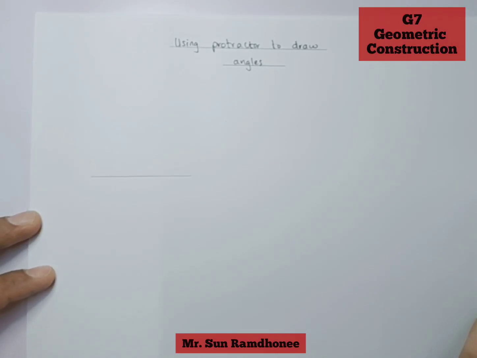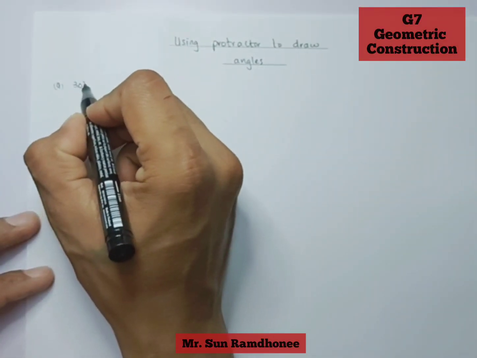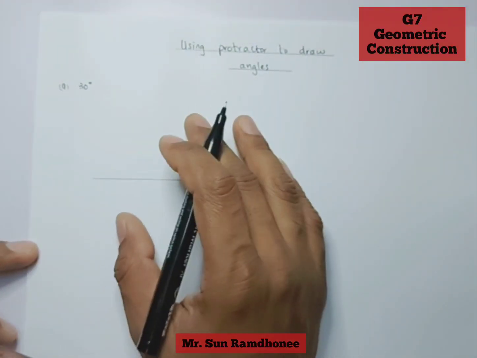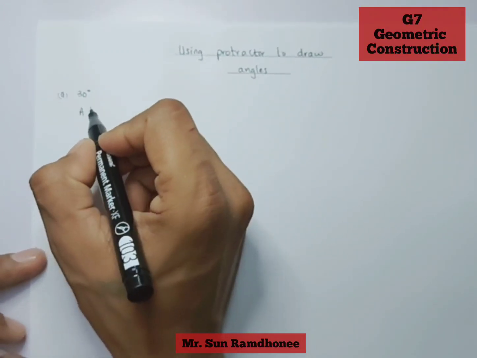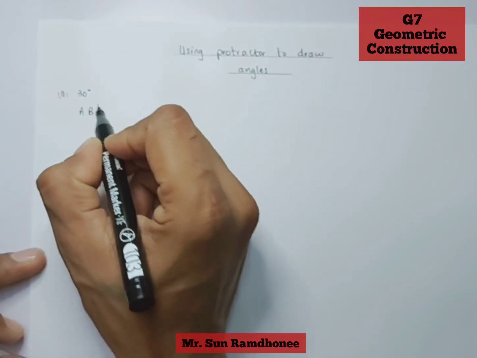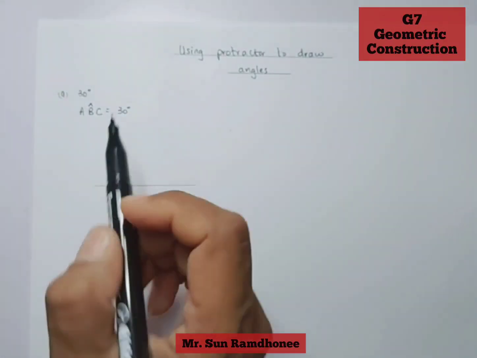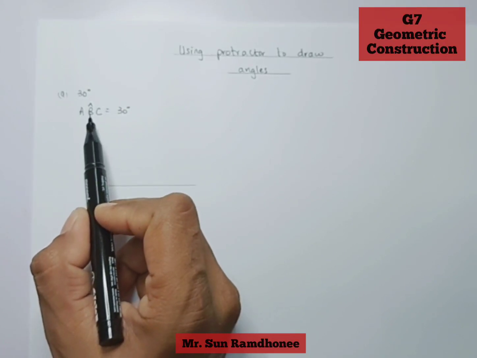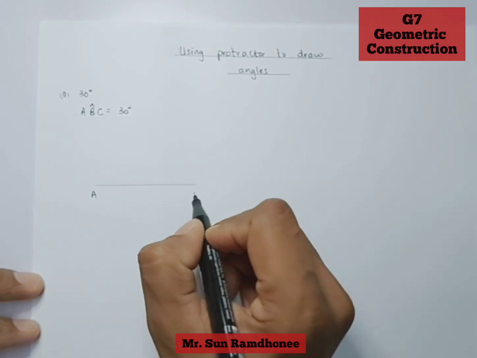And if the angle is, for example, 30 degrees, when you're given this angle 30 degrees, it would mean that angle ABC is equal to 30 degrees, which would mean that this angle is between line AB and line BC. So this is line AB.